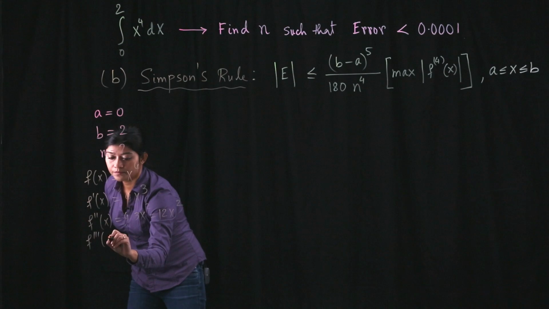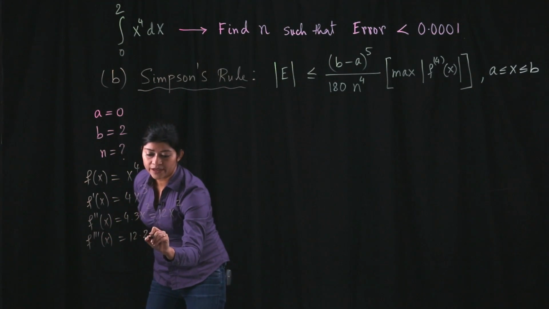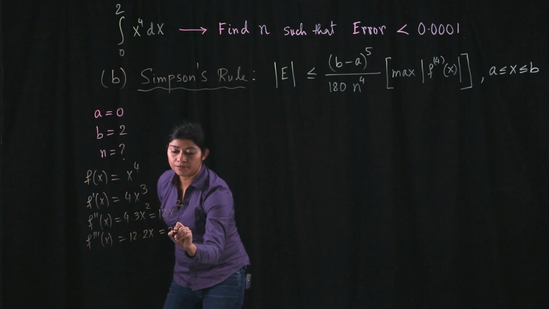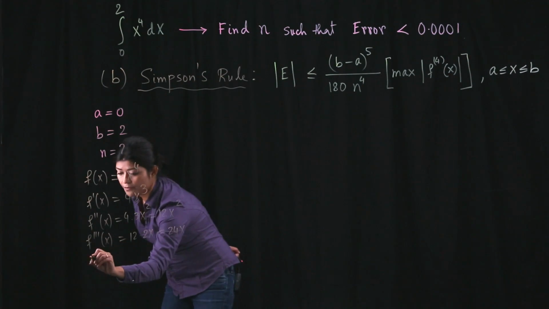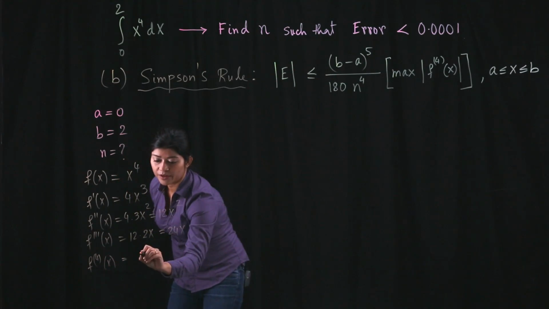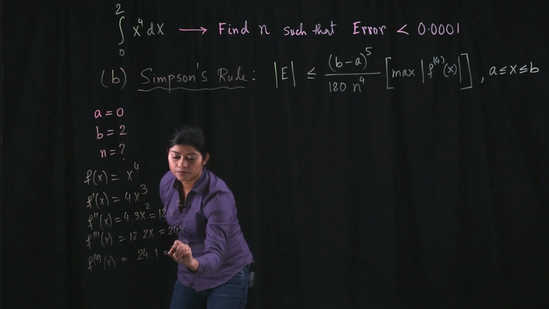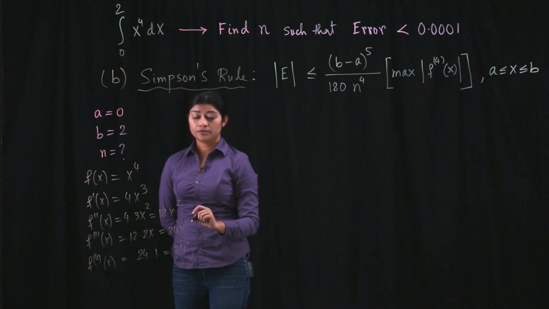Third derivative is 12 times 2x, so that's 24x. And the fourth derivative is 24 times 1, just 24. So that's our function.